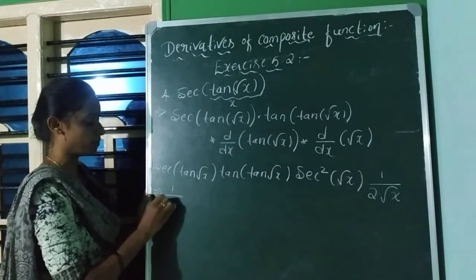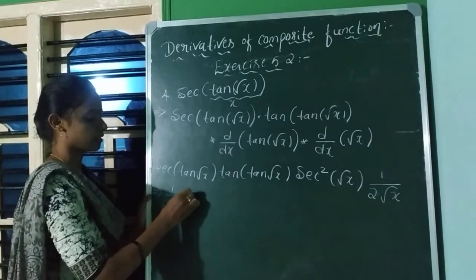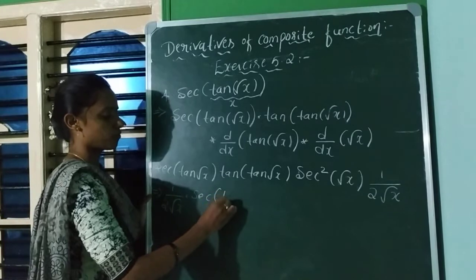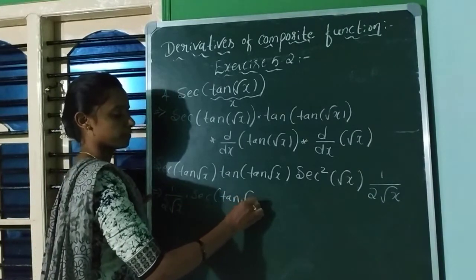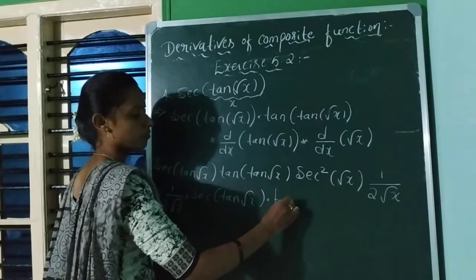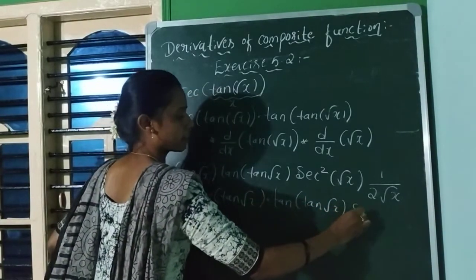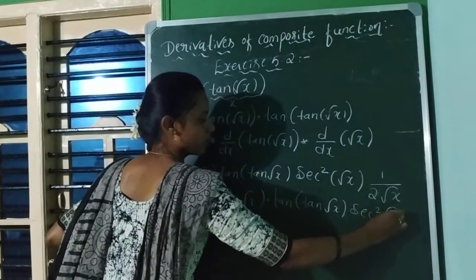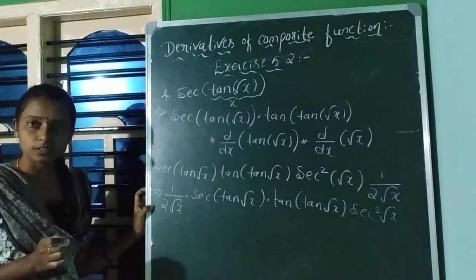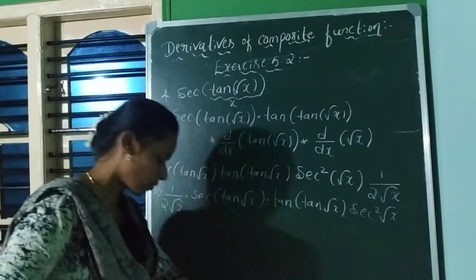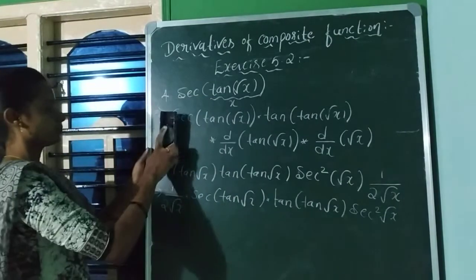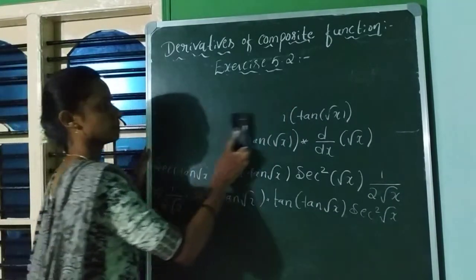Therefore 1 divided by 2 root x into secant of tan root x, then tan of tan root x, and secant squared root x. Hope this is understood. Okay. So I'll do the last one, which is the fifth one.